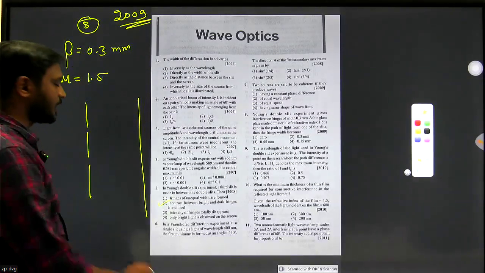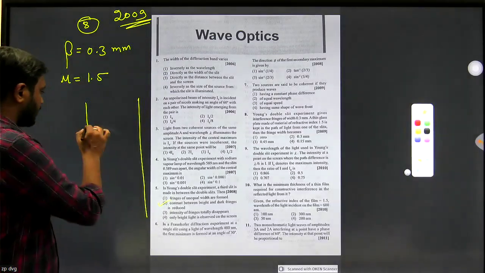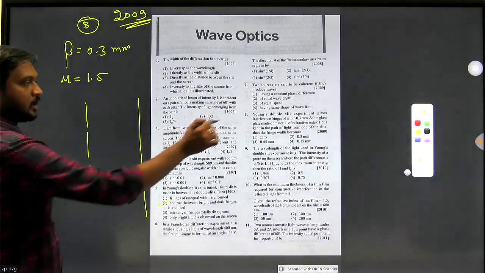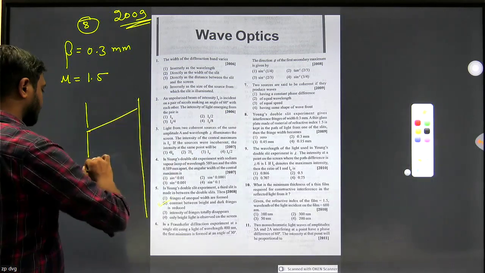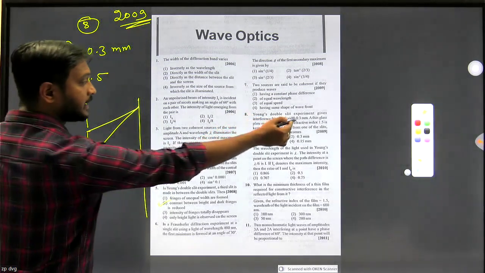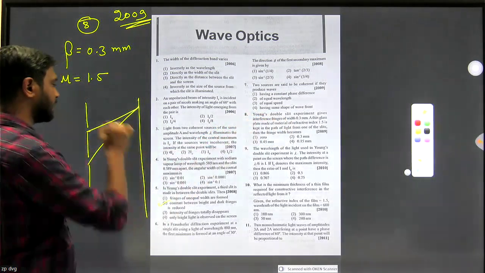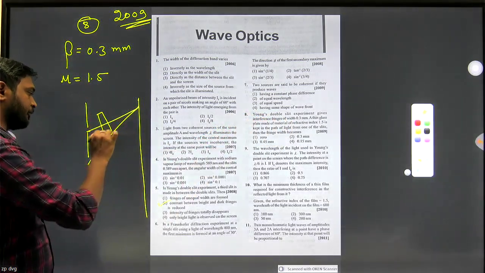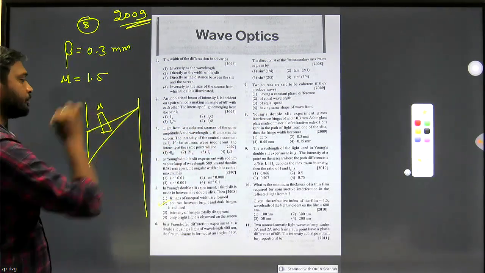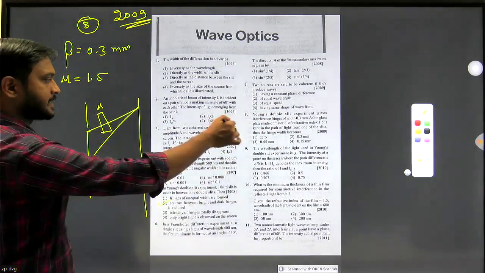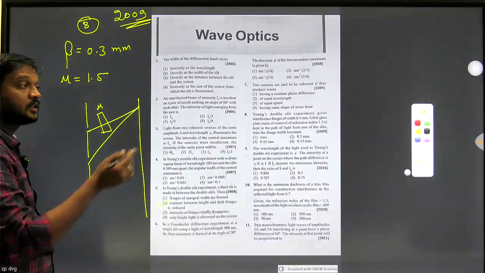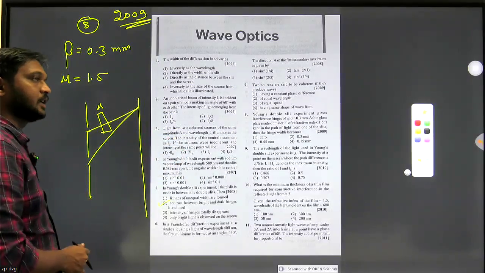This concept we have already studied in the last class. If in the path of the light we place a thin glass plate made of material of refractive index mu, kept in the path of the light from one of the slits, what does the fringe width become?